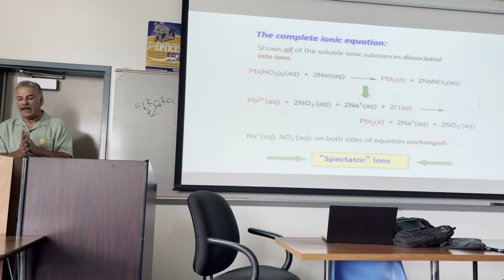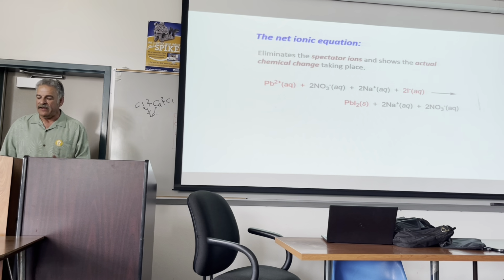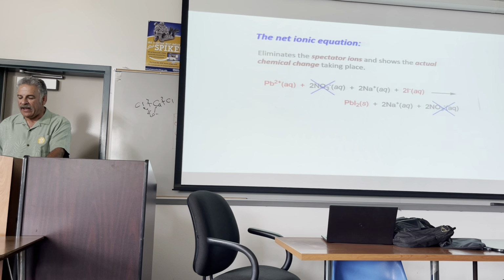The red font shows what's going to be the net ionic equation, plus PbI2 solid. That's going to be our precipitate, and it has the solid designation, and we cancel out the spectators, and we're left with Pb2+ aqueous plus 2I- aqueous yields lead 2 iodide. And canceling is just algebra.